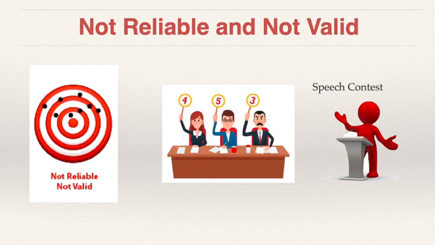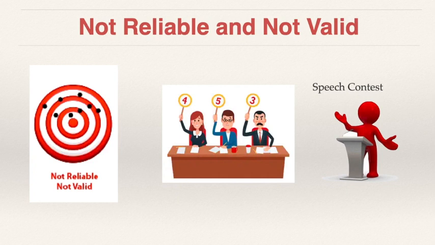Another example might be a speaking test where a group of teachers grade independently and have their own quite different criteria for grading. For example, one teacher gives a lot of points for fluency and pronunciation and is very tolerant of grammar mistakes, while another teacher is tolerant of poor pronunciation but marks down for grammar errors.